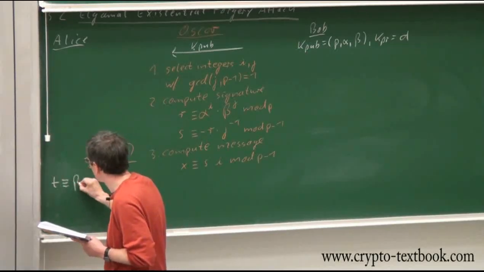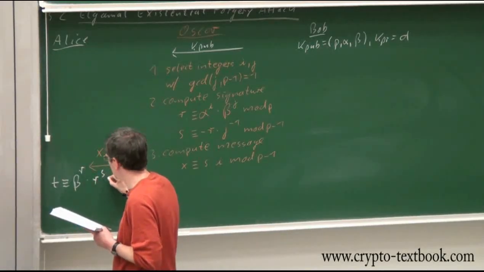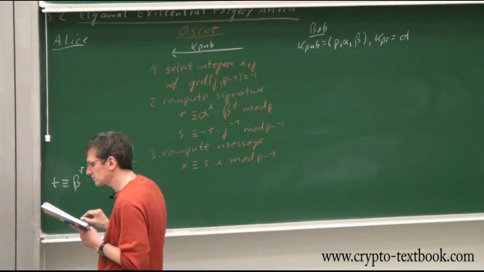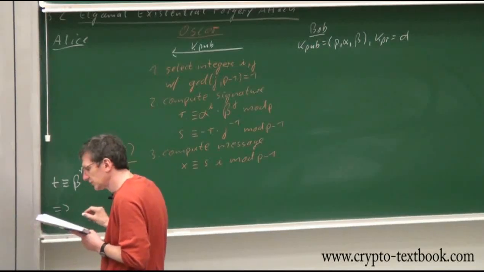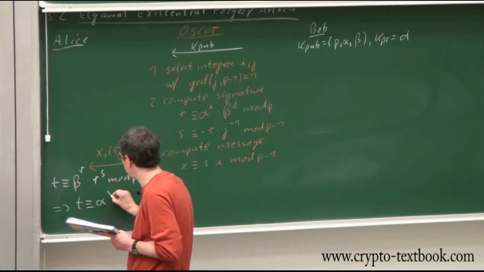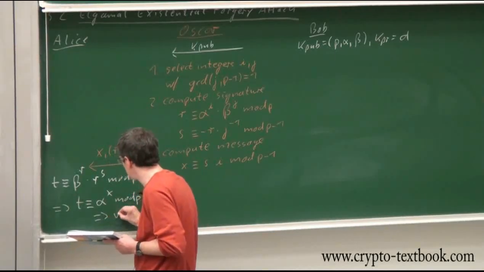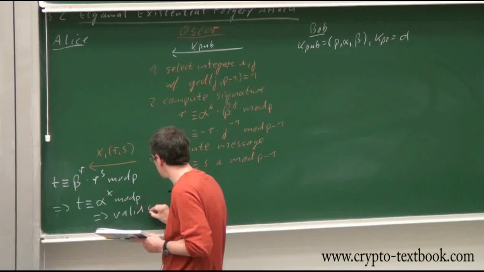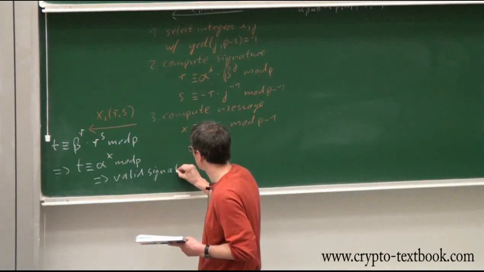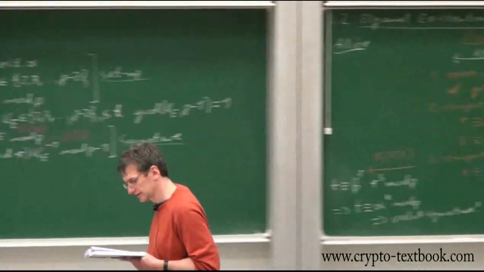So she computes beta to the r times r to the s mod p, and she will see that this is in fact identical to alpha to the x mod p, and therefore she concludes this is a valid signature, which is bad if you're a good guy.